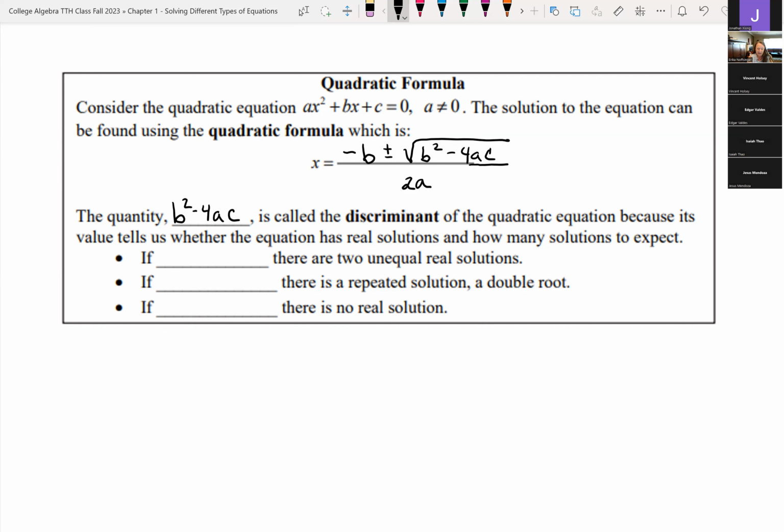So if we want to look at how many solutions we have and what type of solutions we have, we're looking at what's underneath the radical, b squared minus 4ac, which again is called the discriminant.